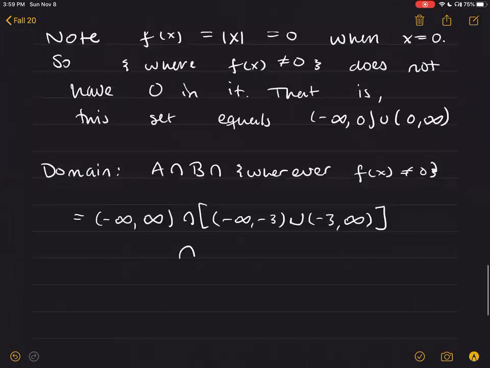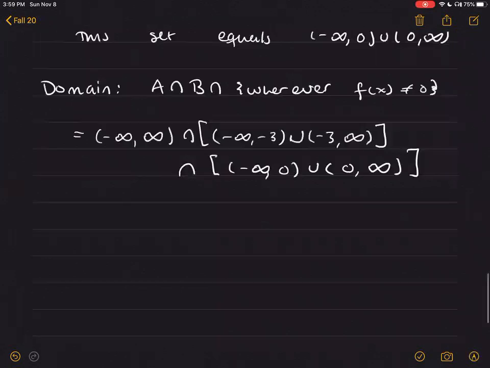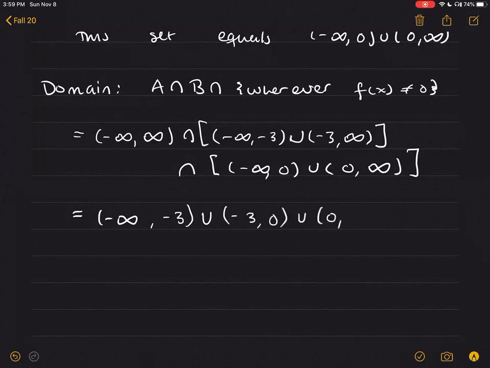And then intersect, and then we just found that that one was going to be negative infinity to 0, union 0 to infinity. And then if you draw some number lines and think about it a little bit, which I recommend you do to convince yourself that this is true, I bet you will find that this pops out to be negative infinity to -3, union -3 to 0, union 0 to infinity.